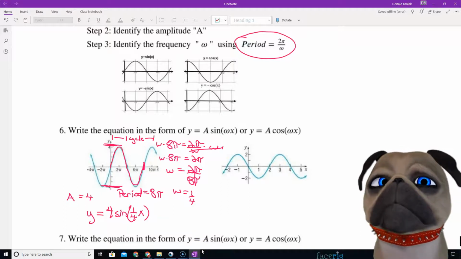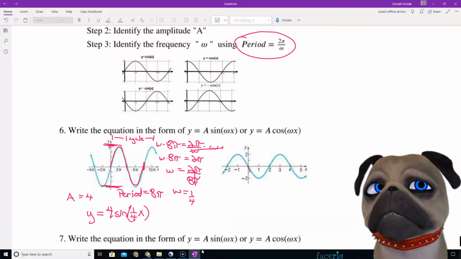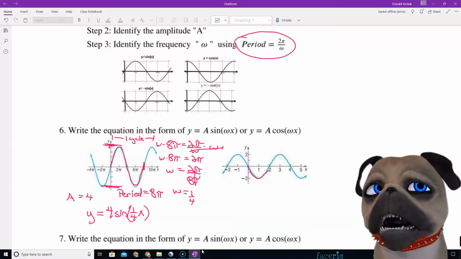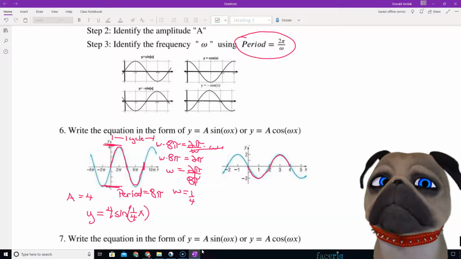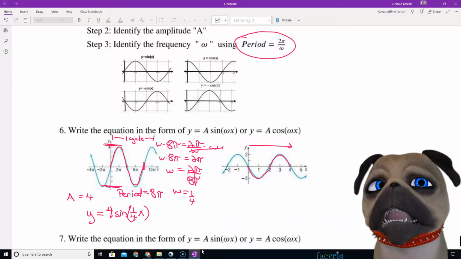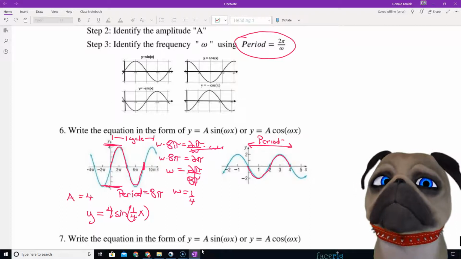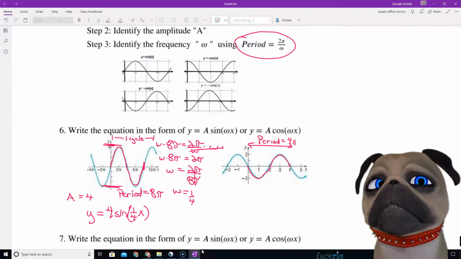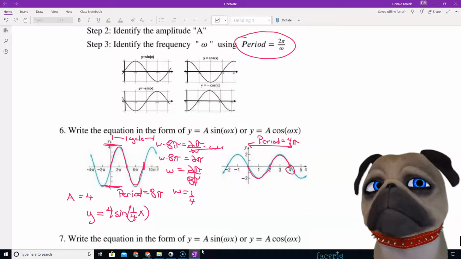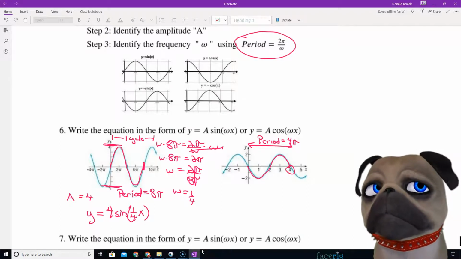Our next one is also a sine, but now it goes down first, then up, and it looks like 1 cycle has a period of 4. Notice there's no pi on that number like there was over here.